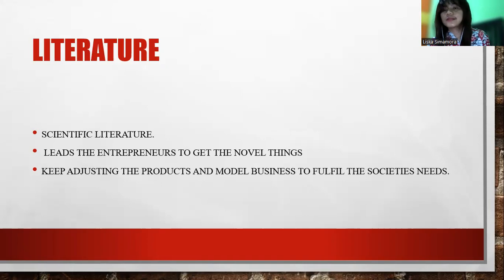The next one is by reviewing literature. We can observe the problem by doing a literature review. The literature mentioned here is scientific literature. Of course, it has to be intertwined with agriculture or agribusiness itself.